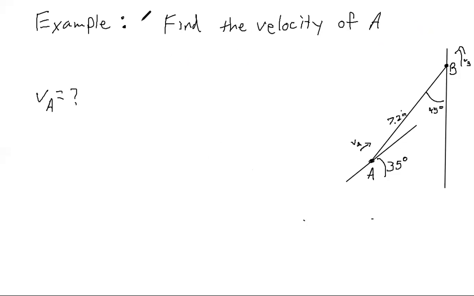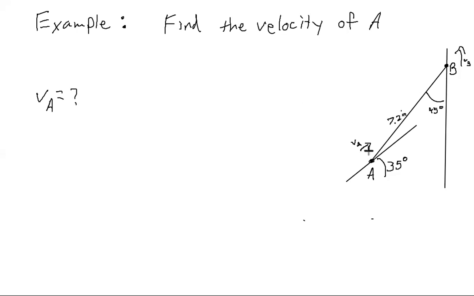To figure out the instantaneous center, I'm going to use the fact that the velocity at B is along the wall, and the velocity at A is along the ramp, and I want to draw their lines of action. I'll use this line tool.